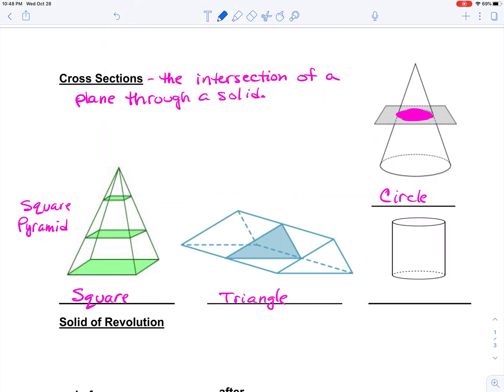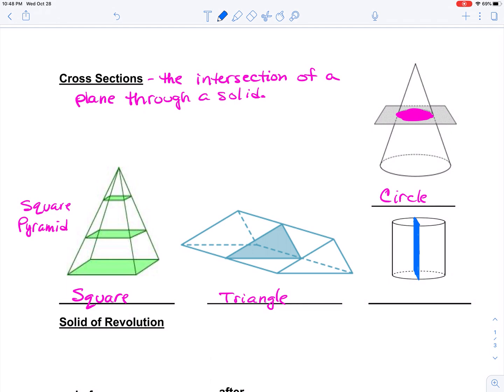But what if I do a cross section right down the center, like this? Now, that's not a circle. So think about this.